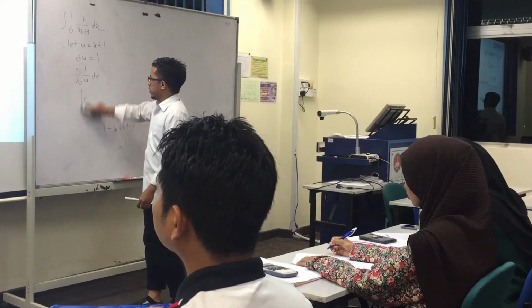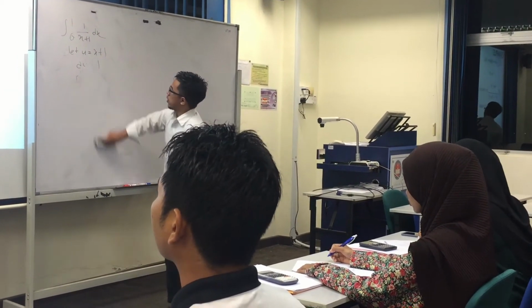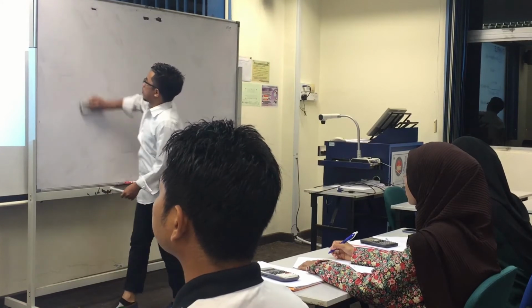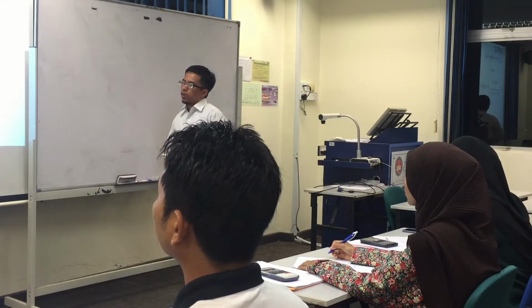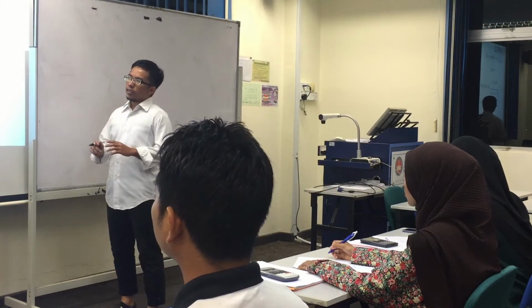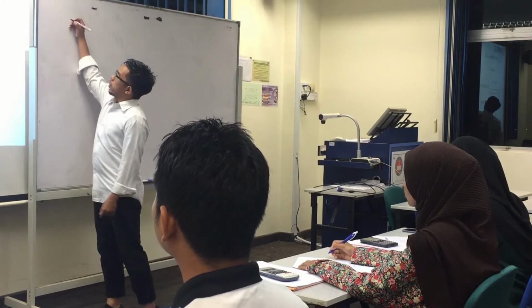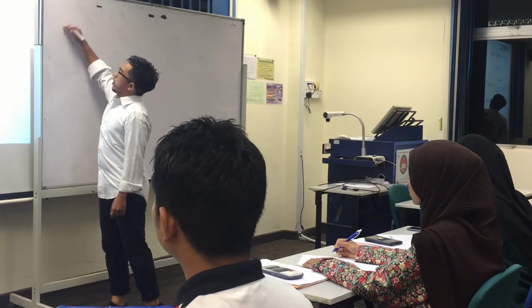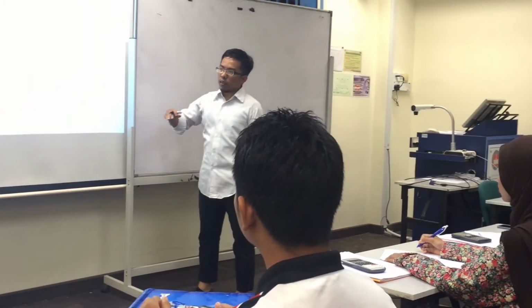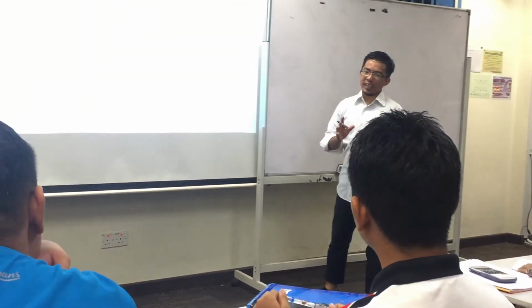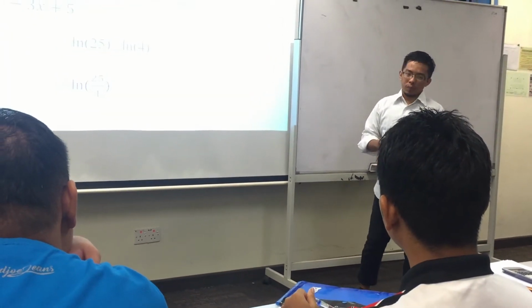Quite a tricky one. As I have told you before, when we want to use the rule, we have to first identify whether the numerator is the derivative of the denominator.